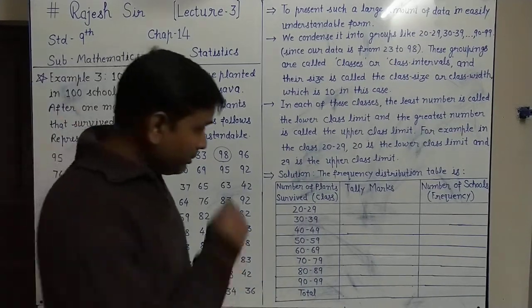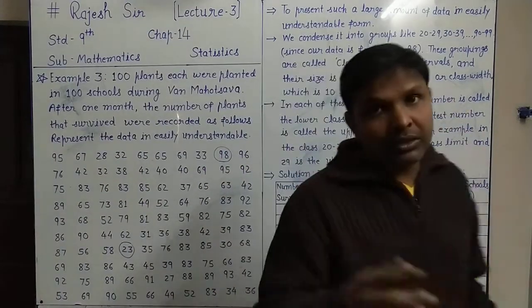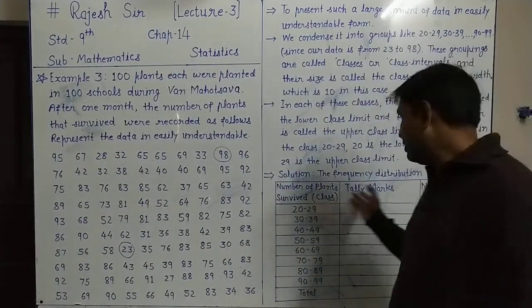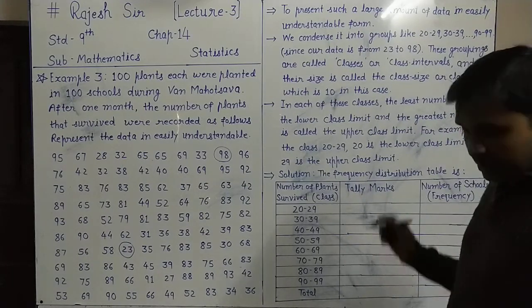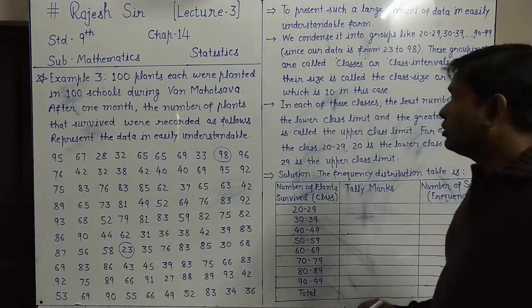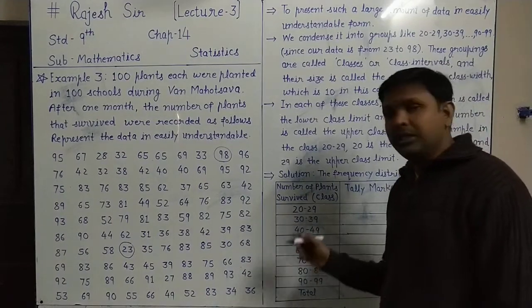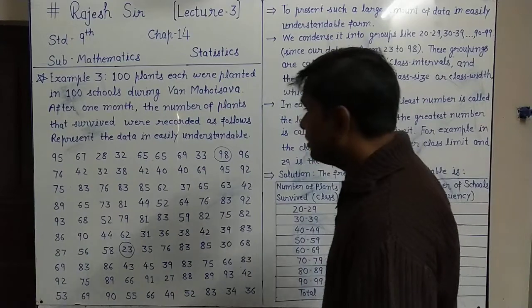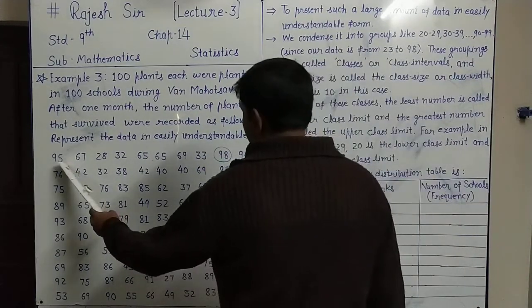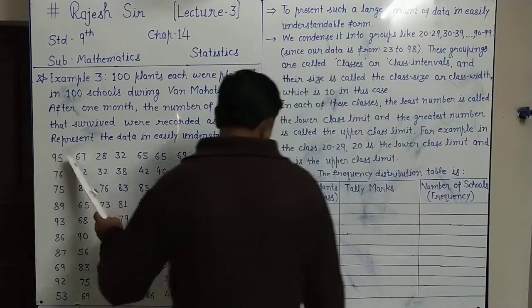Now the concept of tally marks, you know, in the second example also we have done this with tally marks. With the use of tally marks, we will find out how many survived plants come in each of these groups. So first of all we start with the 95. 95 will come in which group?